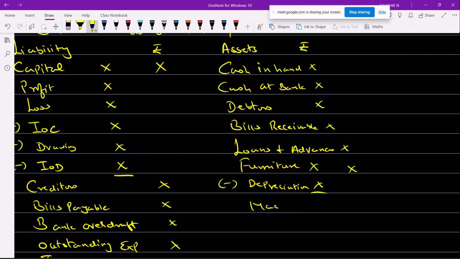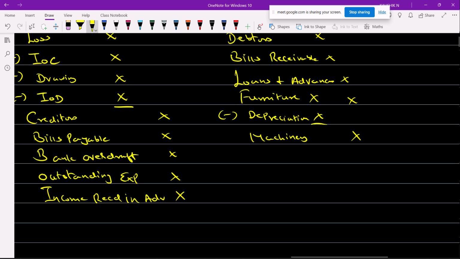The same way, machinery: if it is undergoing depreciation, then from the value of machinery, depreciation should be subtracted. The net value will be recorded outside.